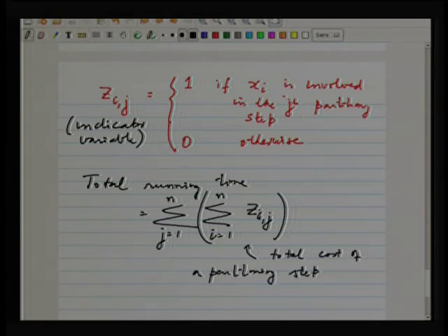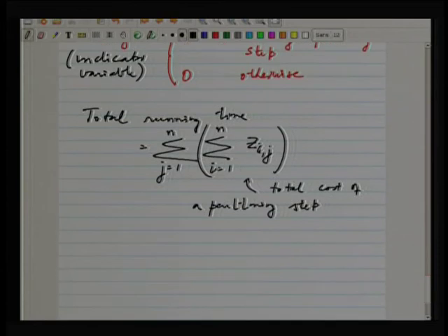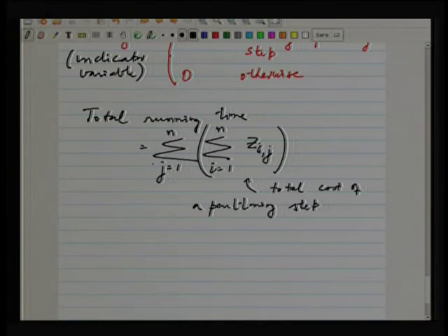This is for all the elements. Only some of the elements, exactly those elements that fall in the interval where the partition element falls in, will have Zij equal to 1, and the remaining it is 0. And then I sum it over all the partitioning steps. So, the outer sum takes care of all the partitioning.